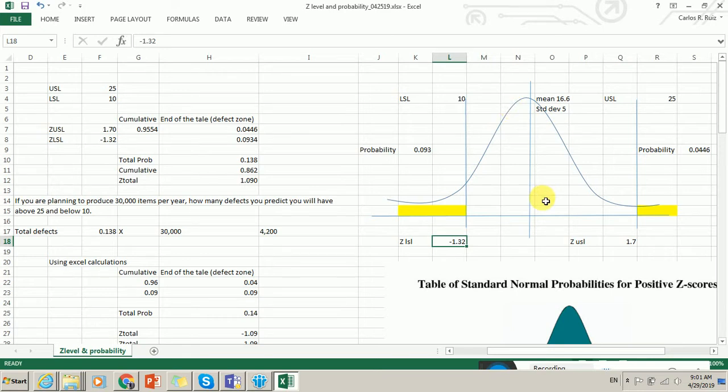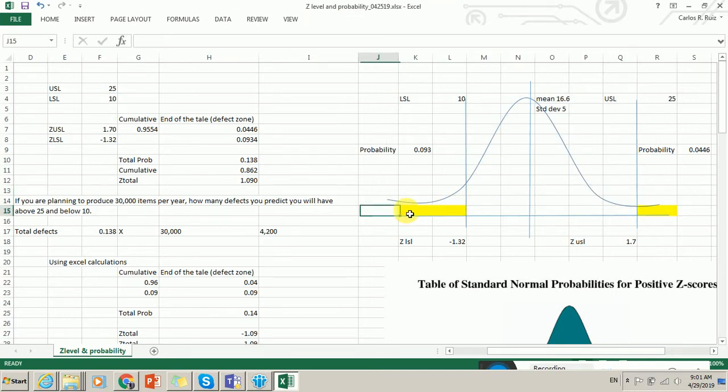Instead, we want to understand the probability of defect. So I'm not interested in this area, but in this yellow area, which is the probability that the report will go beyond 25, or on the lower side, the probability that the report will be delivered before 10 days, the lower spec limit. This is going to be important later when we calculate this using the tables. Remember, we don't want the interior, we want the defect probability.